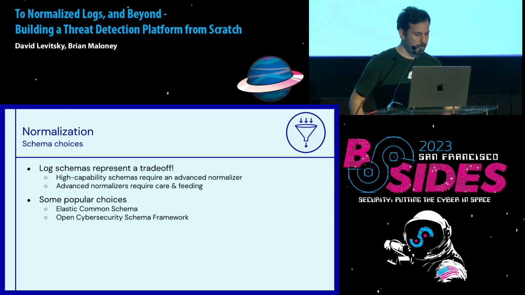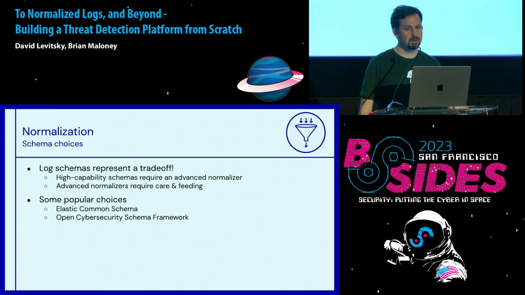Now, I mentioned log schemas. If you're building from scratch like we did, you have a very important choice to make in what schema you use. There are some very high capability schemas that have a whole lot of data types in them.